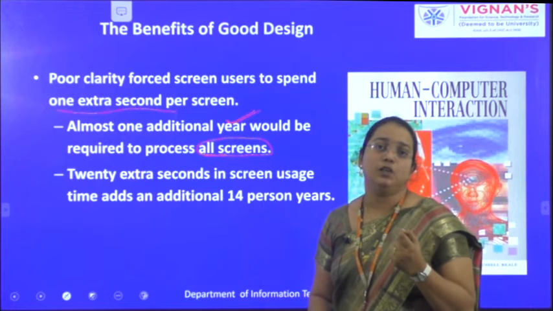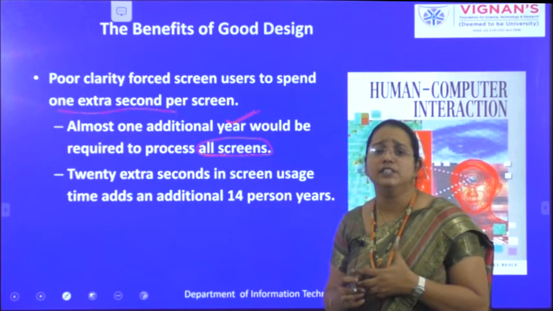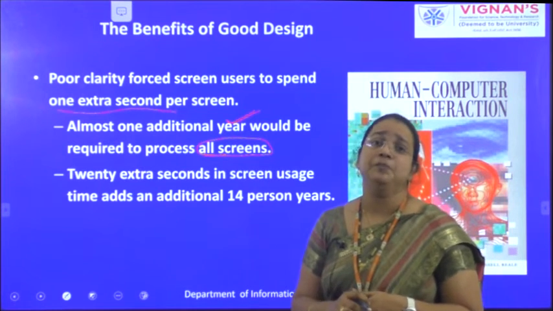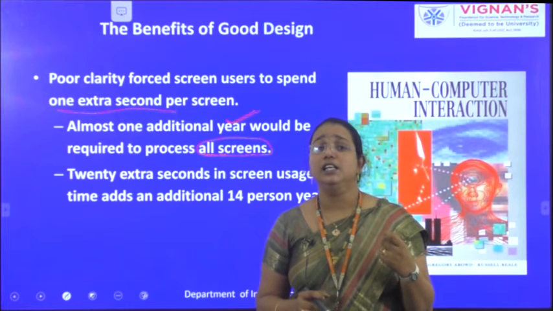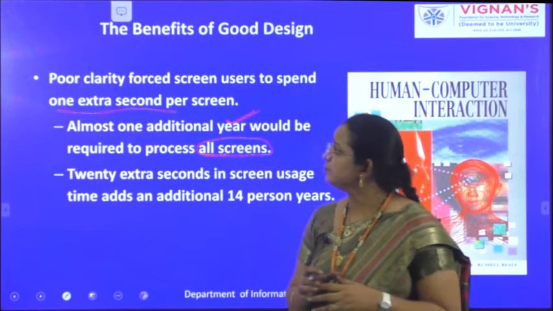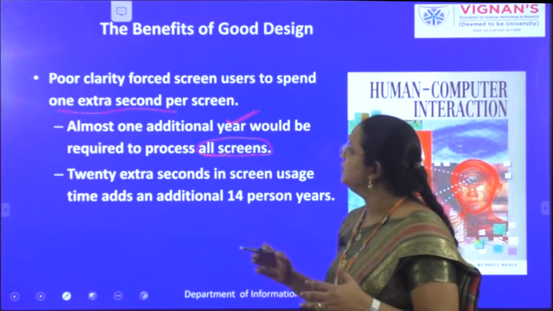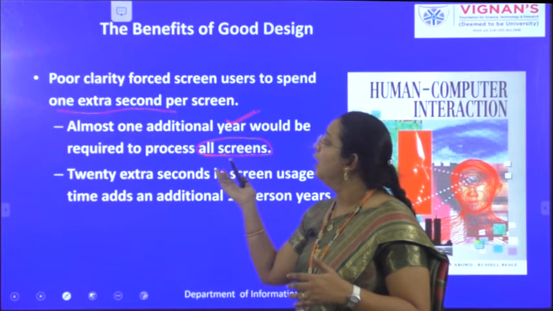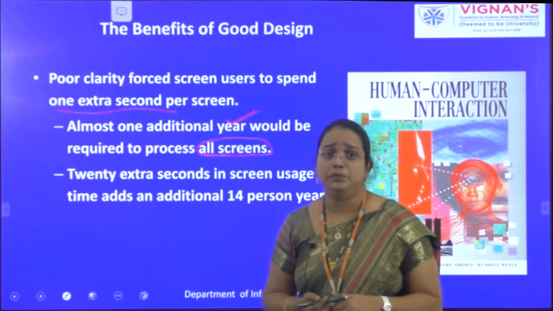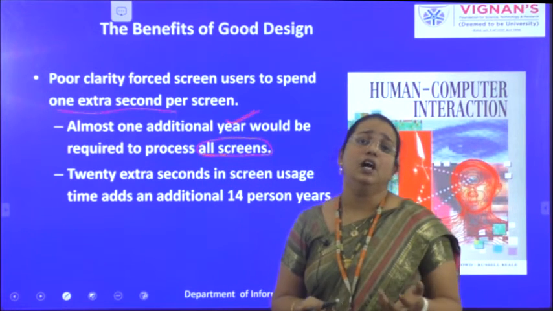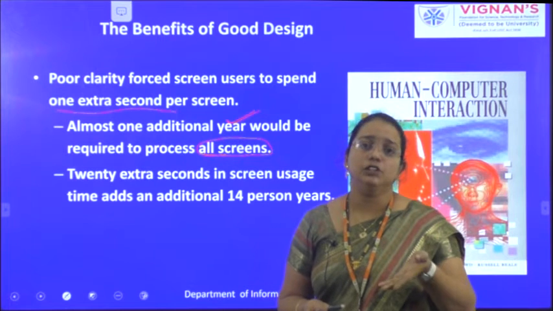1 second is not a small time. If you are working with some hundreds of screens per day, then that 1 second delay added to each screen will become half an hour or 1 hour per day. It will slow down your work by minutes and hours together.